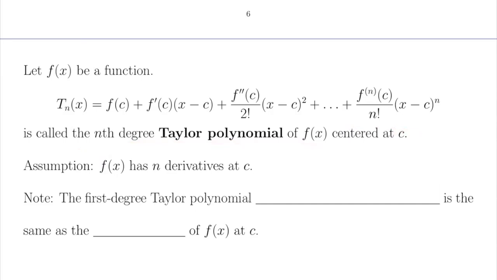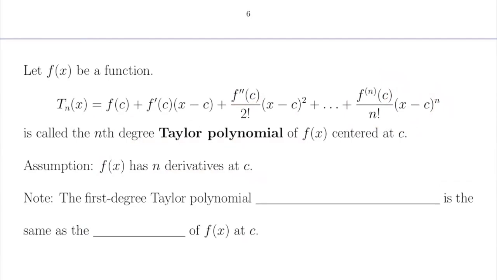So this is f of c plus f prime of c times x minus c plus f double prime of c over 2 factorial times x minus c squared, and so on until you reach the nth derivative of f at c over n factorial times x minus c to the power of n. We're assuming, that's our assumption here, that f of x has n derivatives at c.